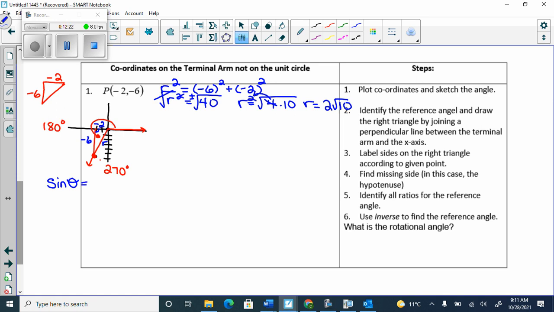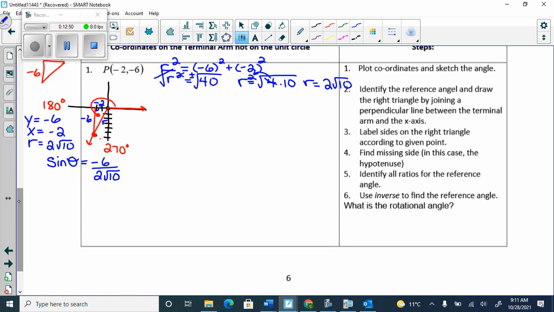So sine is sine what? Y over r. So sine is y over r, what is it? Okay, so I have y equals -6. I have x equals -2, and I have r equals 2 root 10. So it's sine y over r, -6 over 2 root 10. What's the problem? Grade 11 taught us this. You can't have a root 10 on the bottom. You need to rationalize the denominator, which means you have to multiply by root 10.